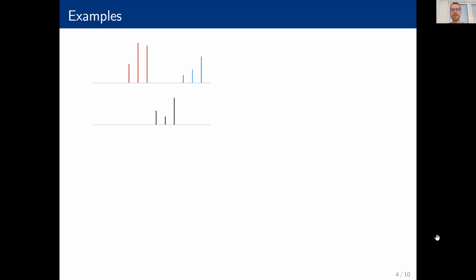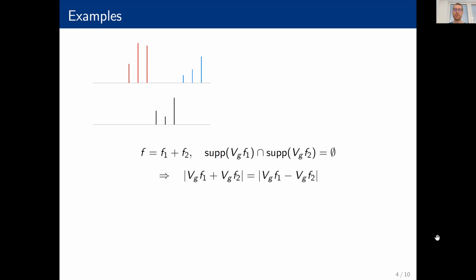And mathematically, what happens here is we can decompose f into the sum of two signals, f1 and f2, where the short-term Fourier transforms of f1 and f2 have disjoint support. And in this case, it is clear that f1 plus f2 and f1 minus f2 will, of course, have the same absolute measurement. So what we did here is basically just flip the sign on the blue part while leaving the red part as it is.